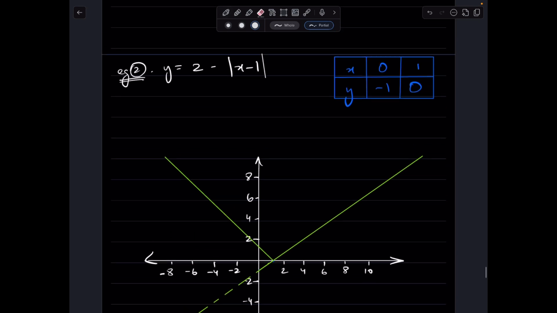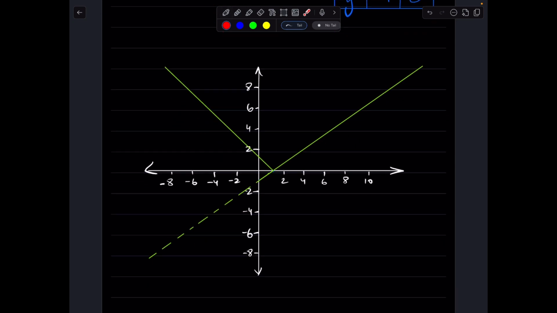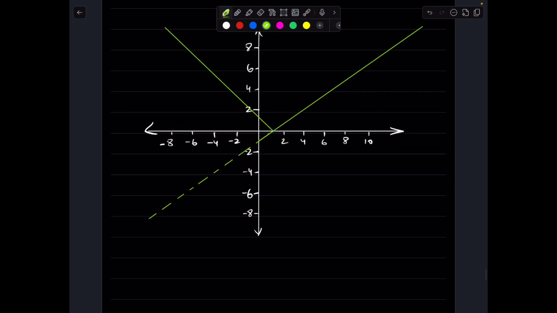And then, what's the sign before the modulus? It's negative. That is, everything will be reflected about the x-axis. So this graph would look something like this.